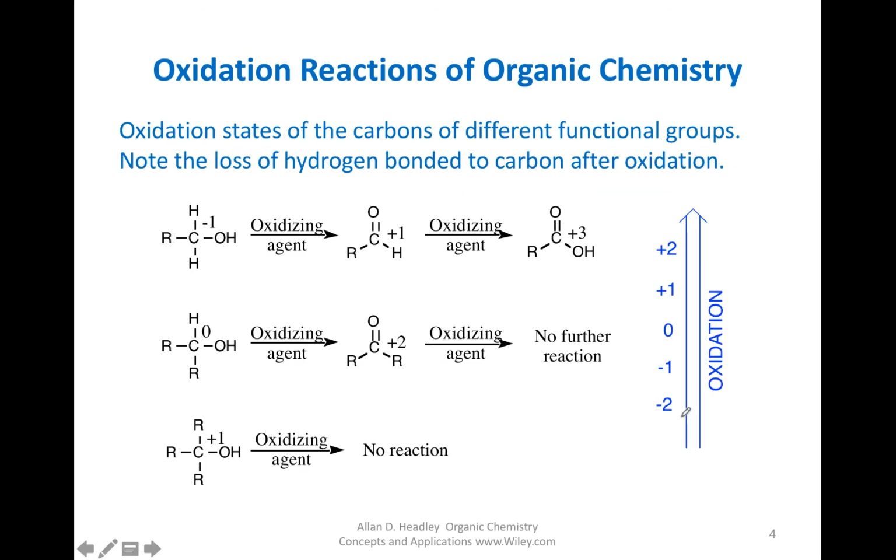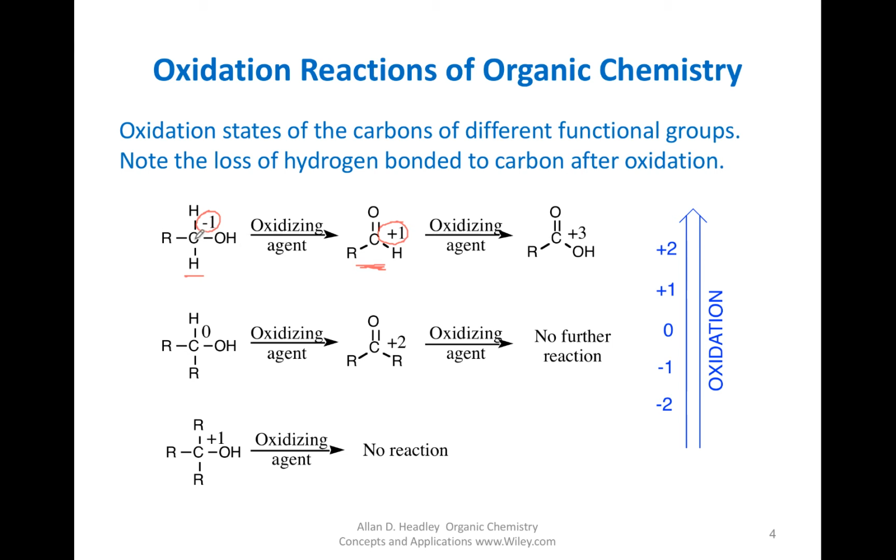Let's apply that concept. So here we have a hypothetical molecule where we have R and 2 hydrogens as a primary alcohol. Oxidizing agent, oxidizing it to the aldehyde. So notice a primary alcohol is now being oxidized to an aldehyde, and the oxidation state goes from -1, which you can calculate based on the previous slide, to +1, which you can also calculate.